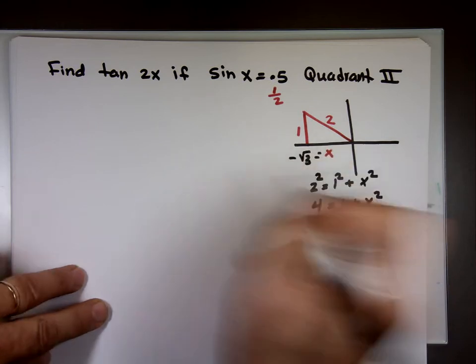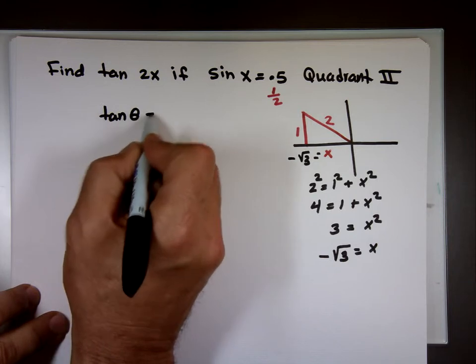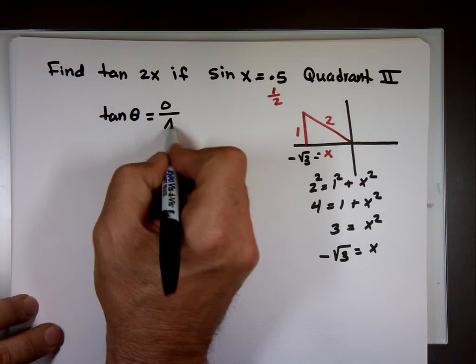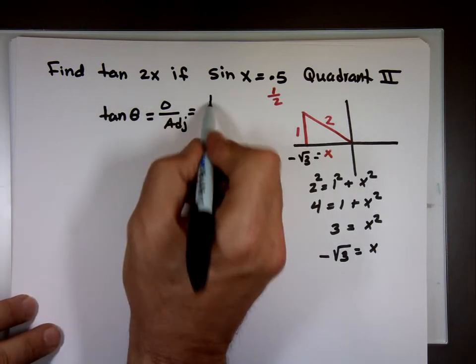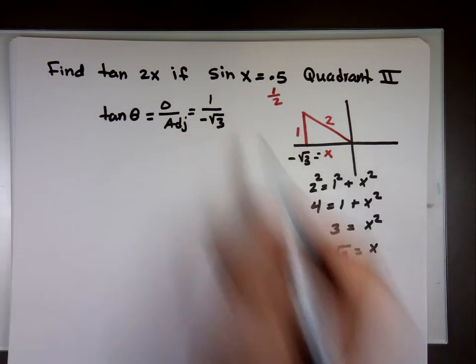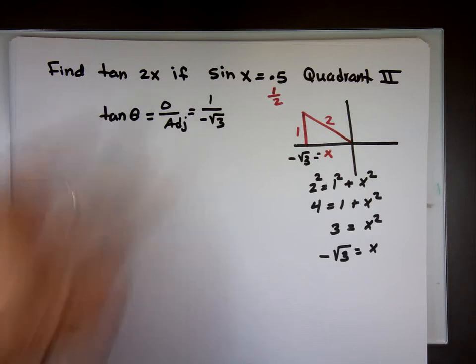Now, do we know from the picture what tangent theta equals? Tangent is opposite over the adjacent. What's the opposite? 1 over negative the square root of 3, which they probably don't like. We have a square root in the bottom.